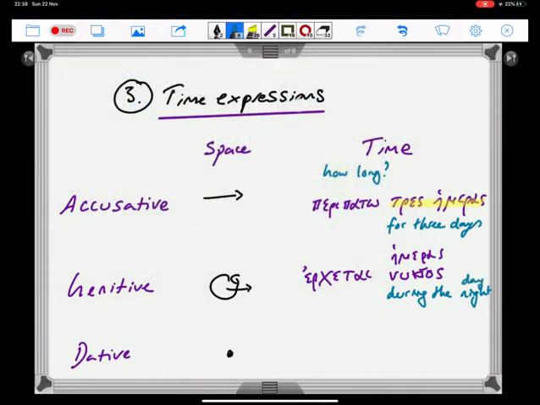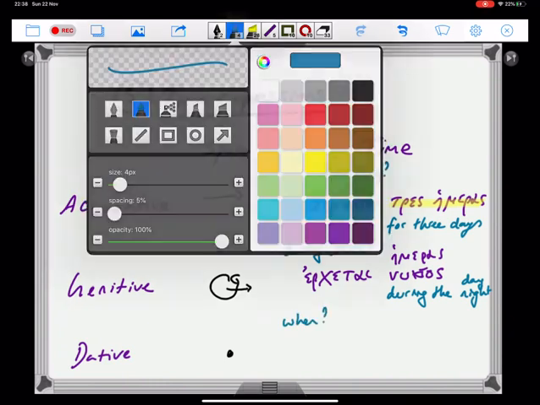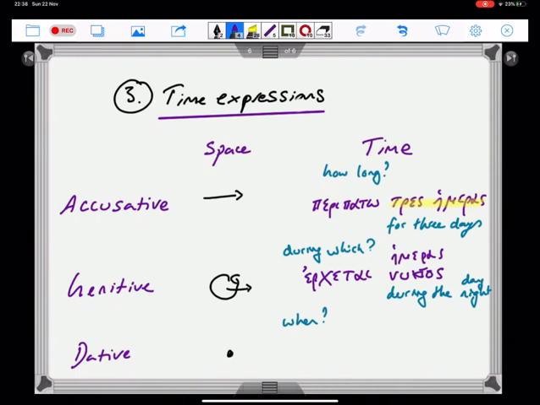And finally, the dative gives you a point. So accusative gives you time how long. The genitive gives you time during which. And the dative gives you time when. When did he arrive? He arrives, or he arrived. I'll tell you what the past tense is now.